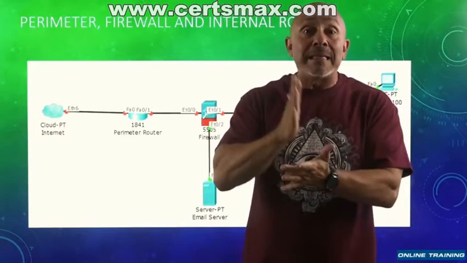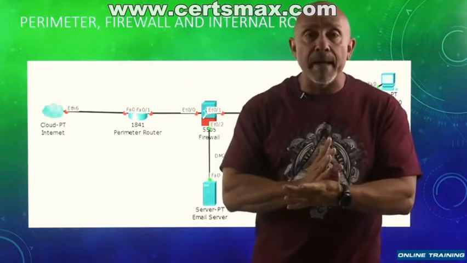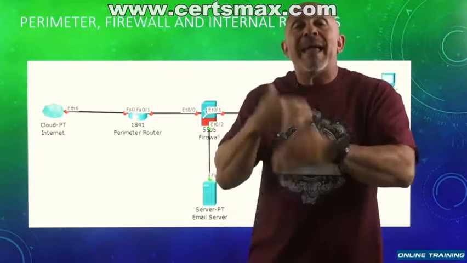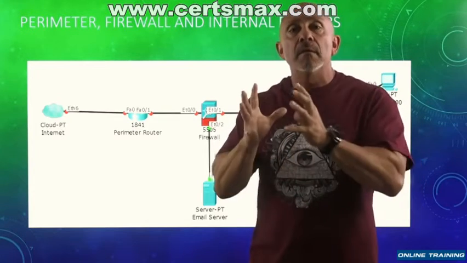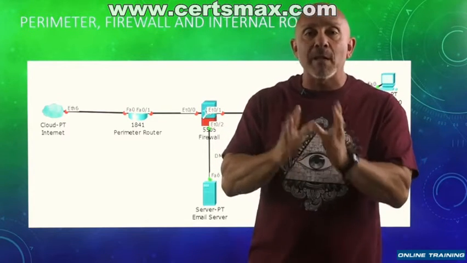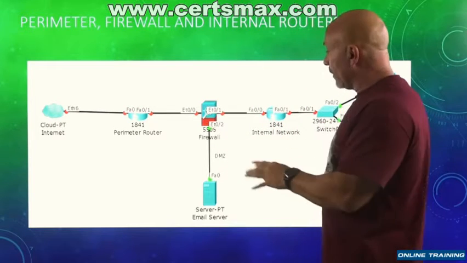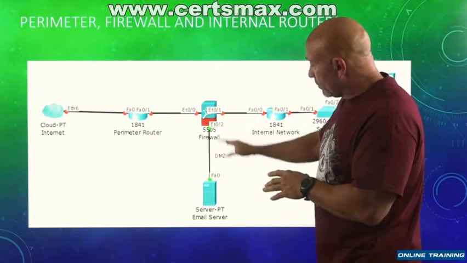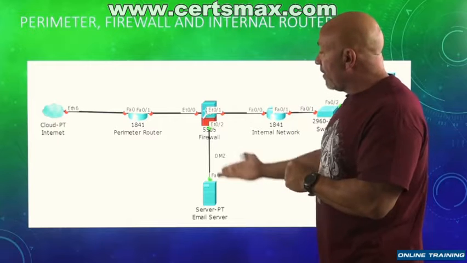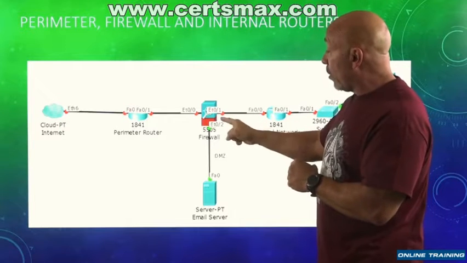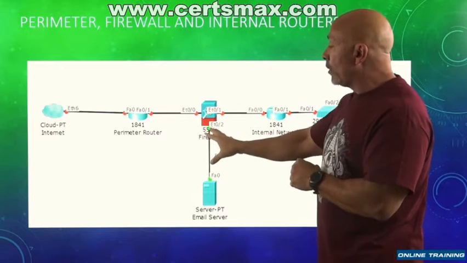As you can see in the drawing, we have internal and external devices. These could also be called trusted and untrusted networks. Let me stop here and show you what I mean. This email server right here, that's connected to the firewall, could be called an untrusted network.